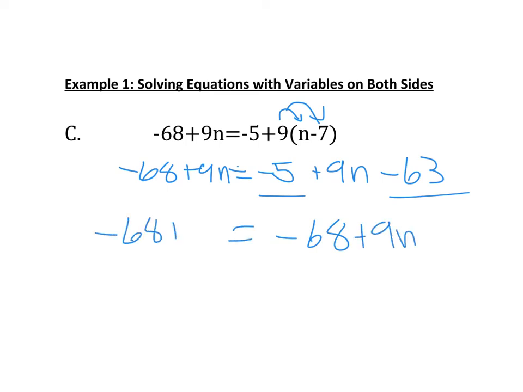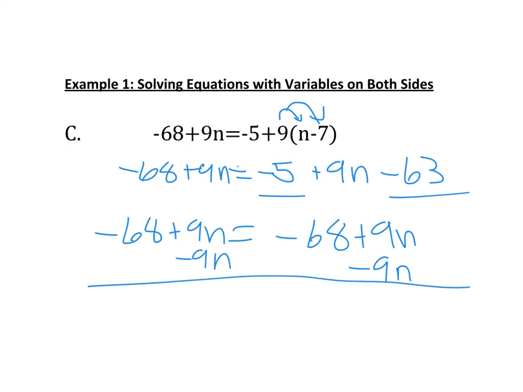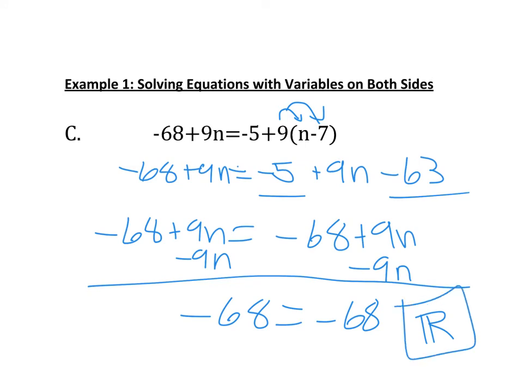Here we can start seeing that both sides of our equation look very similar. If we do one last step of subtracting 9n from both sides, that leaves us with negative 68 equal to negative 68. This is a true statement, so this is where we can have that all real numbers symbol. What that's really going to tell us is that there are many solutions that would make this equation true.